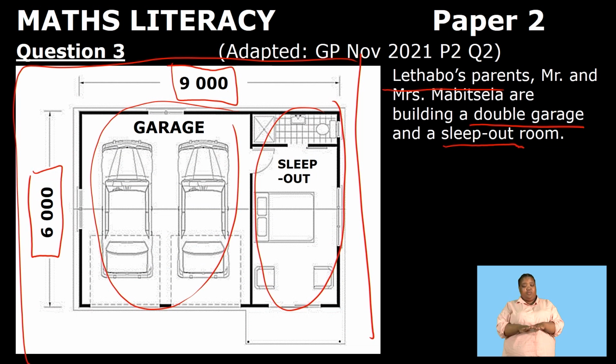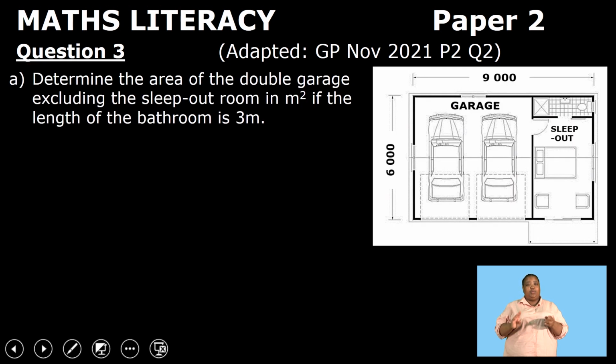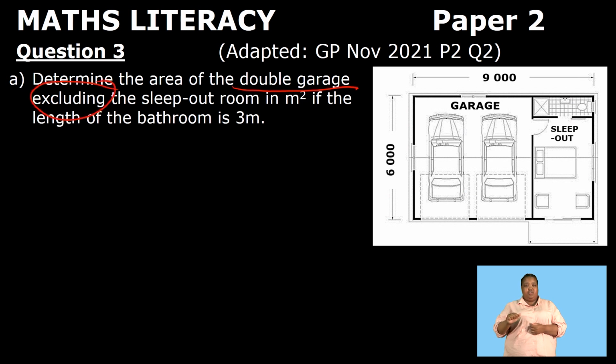Please remember that floor plans usually will be indicated in millimeters. Determine the area of the double garage excluding the sleep-out room if the bathroom is 3 meters. So that is 3 meters, so it's going to be 3,000 millimeters there.